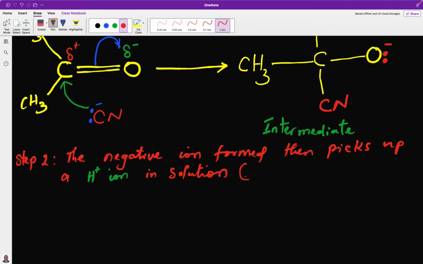When the reactants dissociate in the aqueous solution, they will release hydrogen ion, and this hydrogen ion could either be from the hydrogen cyanide, or from water, or from sulfuric acid.